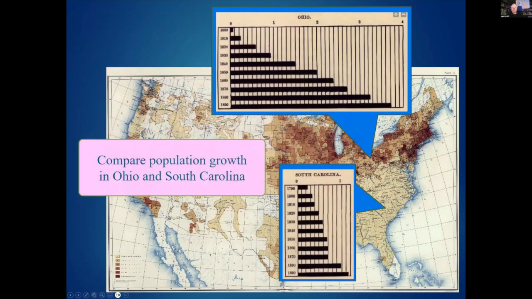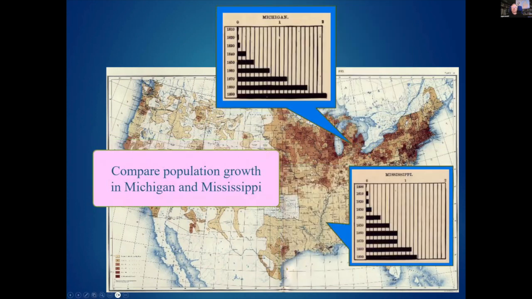You can see that when you compare the population growth of individual states at that time, states that were about the same size in 1800, but Ohio growing to be up around 4 million people, and South Carolina making it barely past 1 million. Or Michigan and Mississippi.